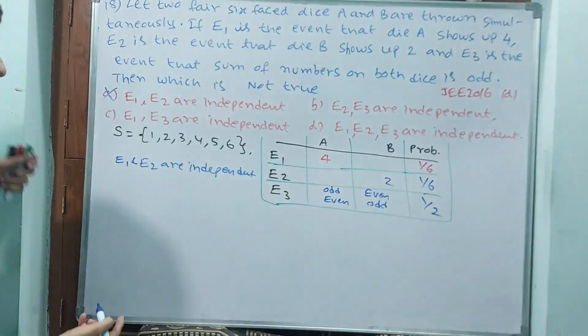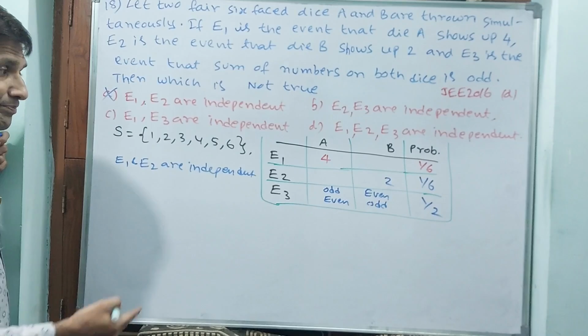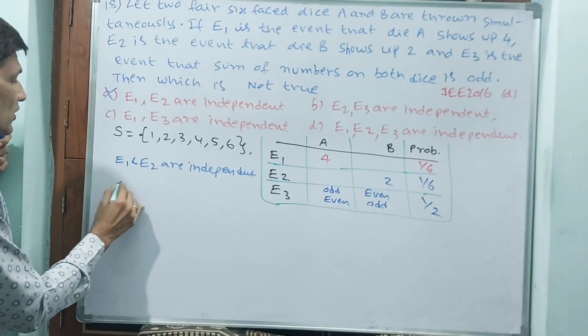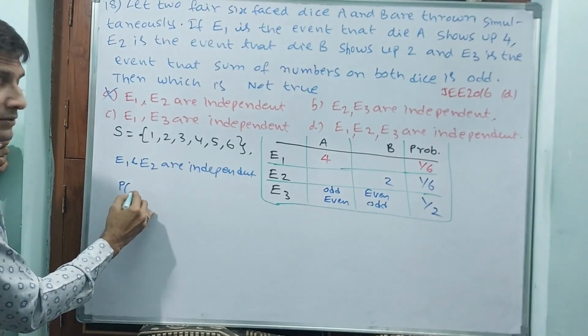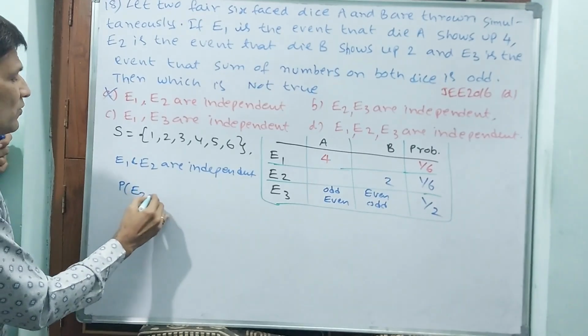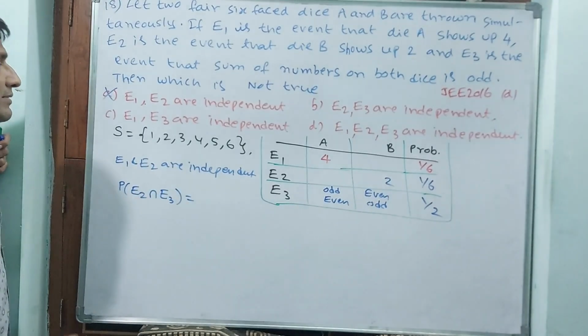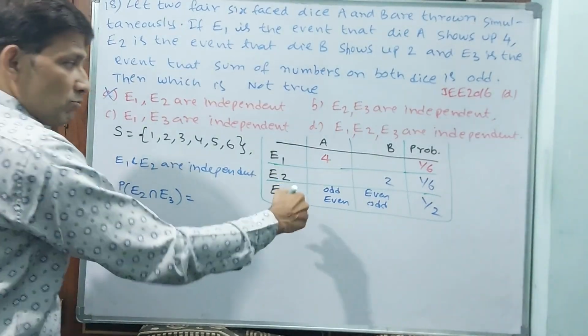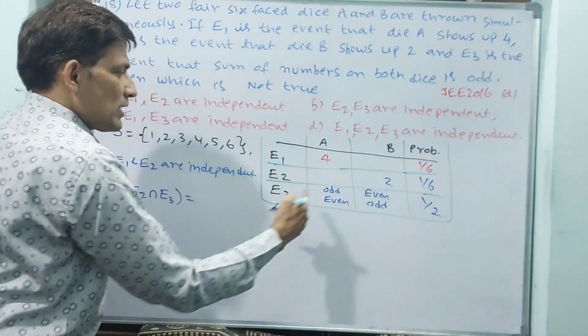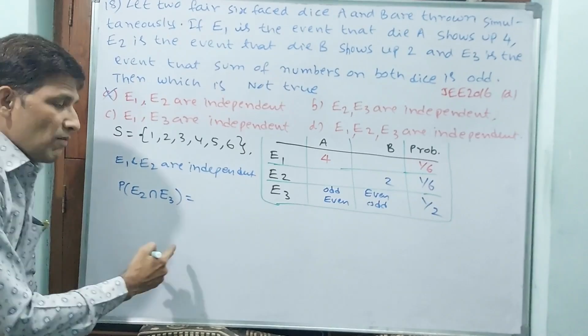That means what I want to say is the probability of E2 and E3, both should occur. E2 should occur, E3 should occur. What is this probability?